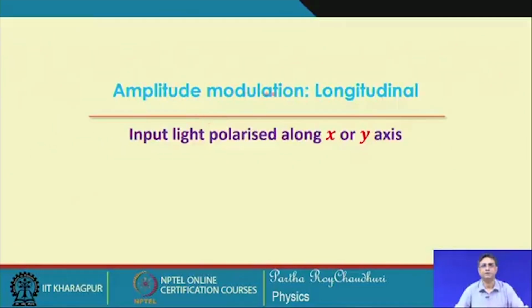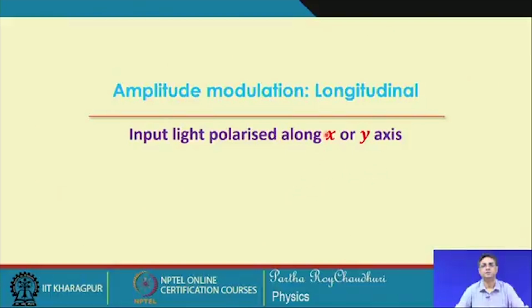Okay. So, the amplitude modulation in the longitudinal mode of operation requires, as we have seen earlier and learned very well, that the input light has to be polarized along the x or y axis, any of the two eigen polarizations. So that when you apply the voltage, the modulator crystal will be induced to have x dash and y dash, these two eigen axes, where the refractive indices will be different.